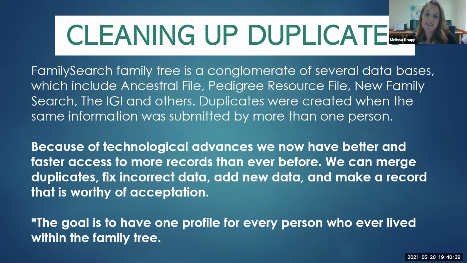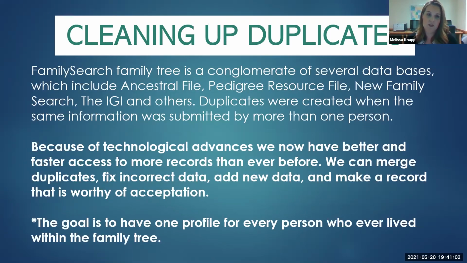Okay, one of the scariest things for most people in FamilySearch is cleaning up duplicates. So why do we have duplicates? Well, it's a collaborative tree, and people get entered into the system in a lot of ways. People enter people all the time from new records and things like that.